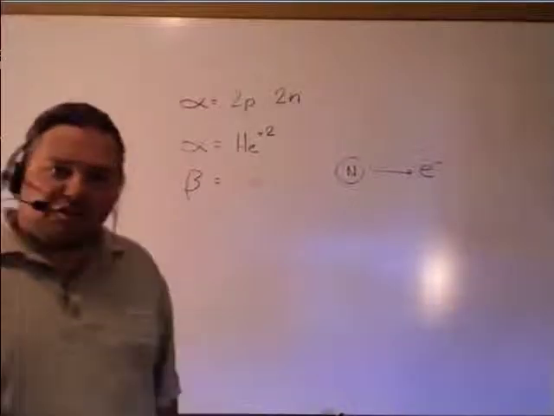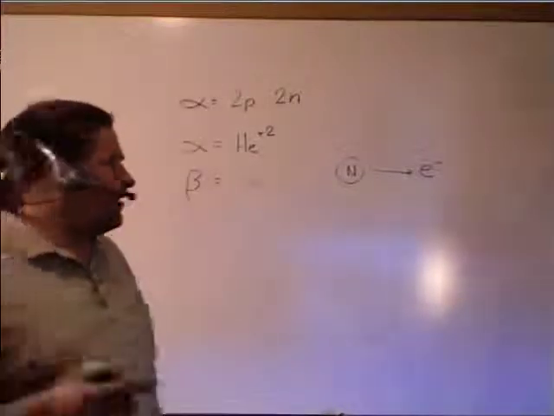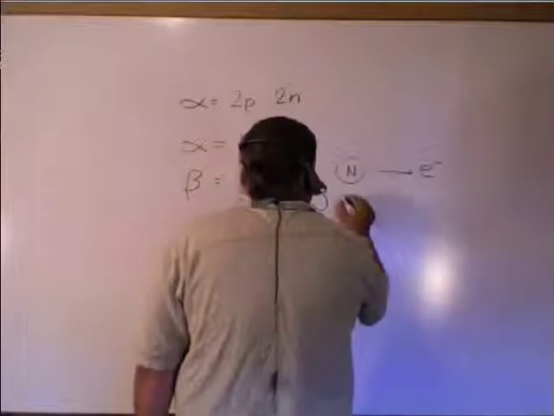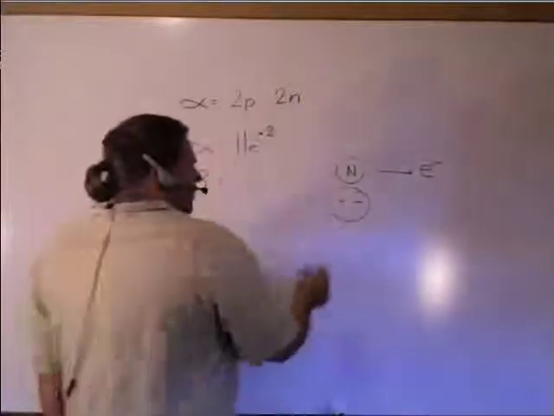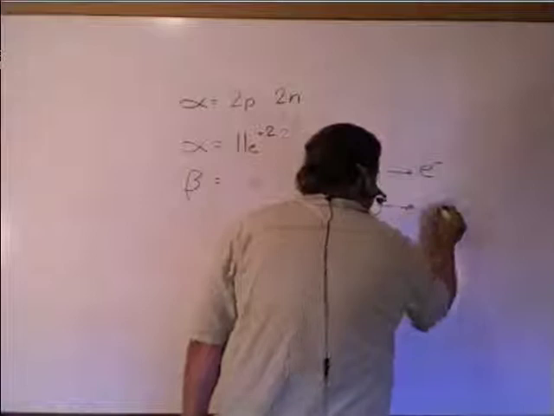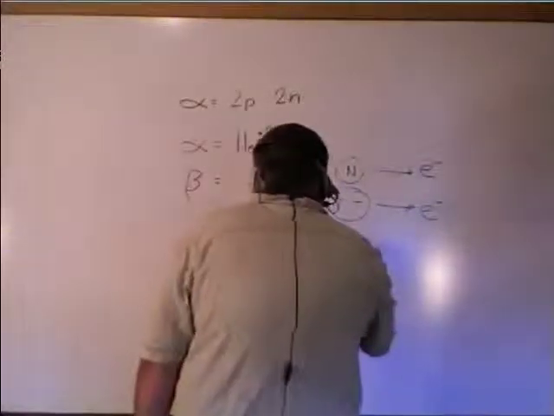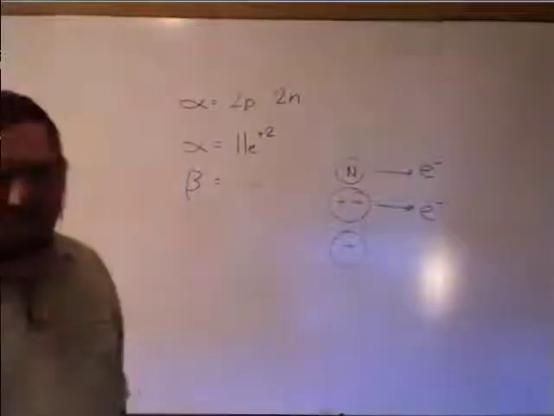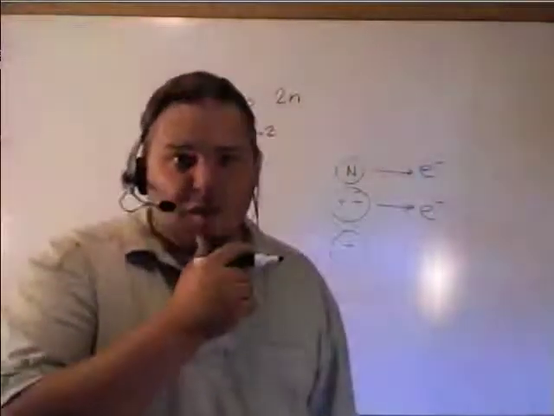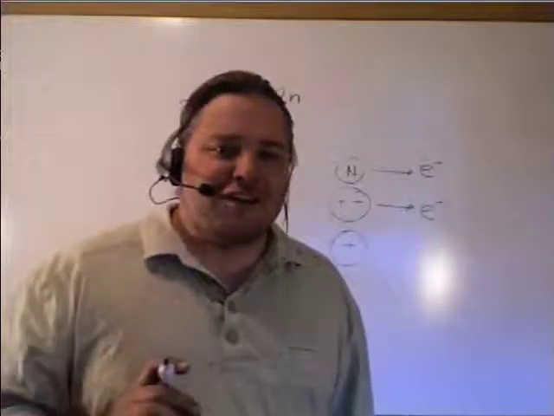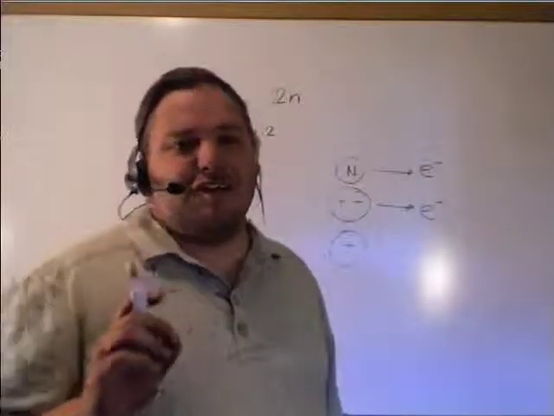Well, using conservation of charge, that means that this neutron had a positive and a negative charge inside of it. So when it ejects the negative charge in the form of an electron, it becomes positively charged. Now, because electrons have almost no mass, we consider them relatively massless. There are certainly things that have less mass than an electron, a neutrino being a perfect example of this.